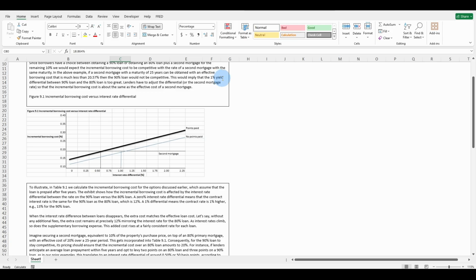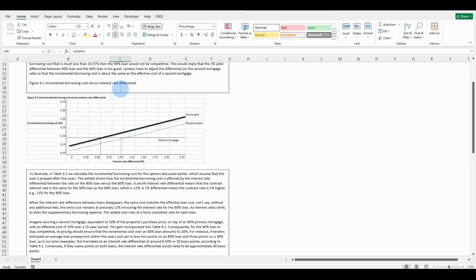This would imply that the 1% yield differential between the 90% loan and the 80% loan is too great. Lenders have to adjust the differential or the second mortgage rate so that the incremental borrowing cost is about the same as the effective cost of a second mortgage.